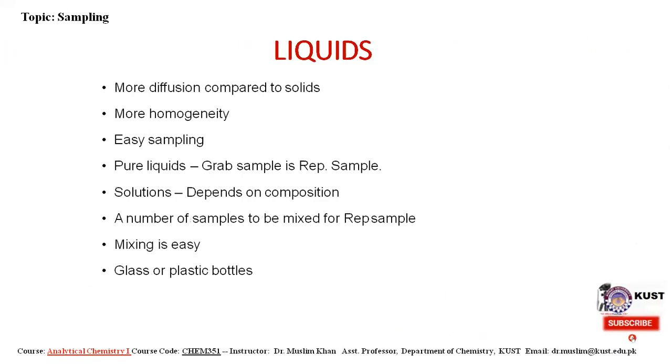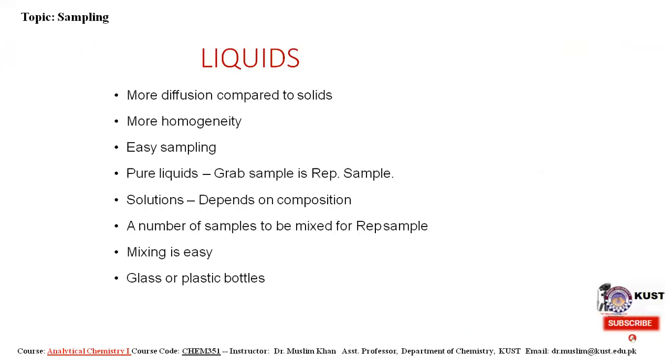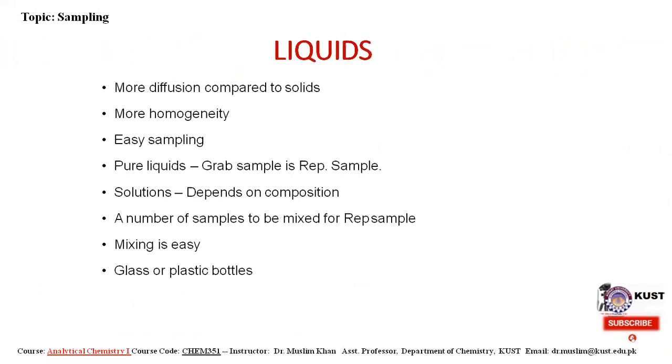So in a liquid sample, there is more diffusion in comparison to solid, so more homogeneity is already there in the liquid form. In comparison to the solid state, sampling in the liquid state is much easier. A pure liquid grab sample is a representative sample.